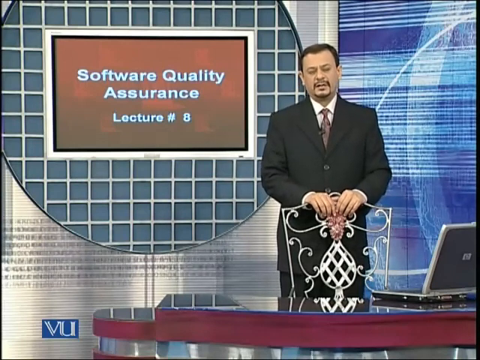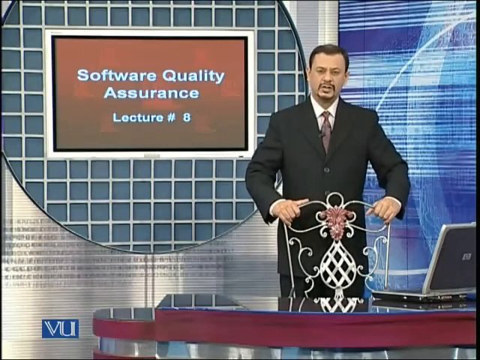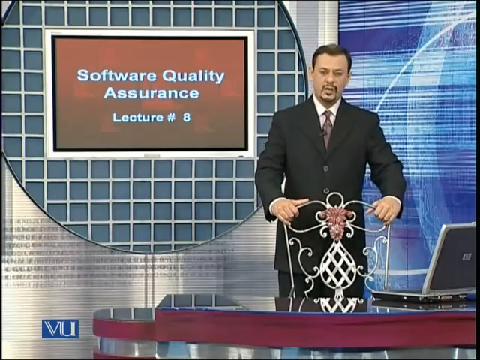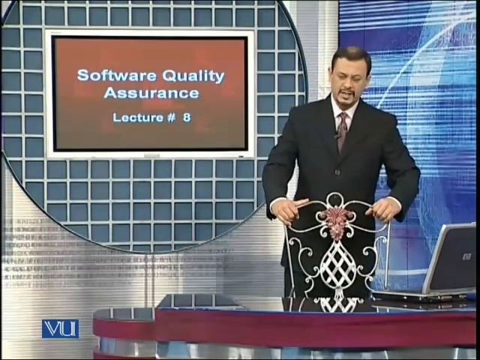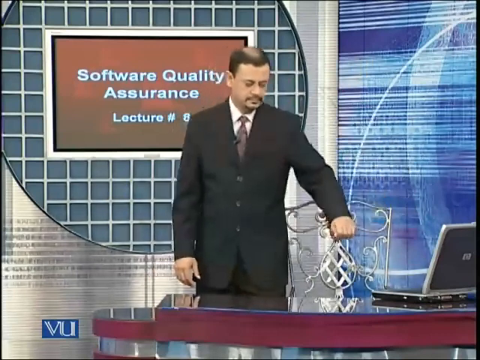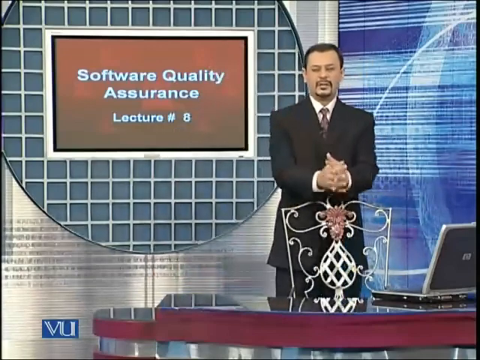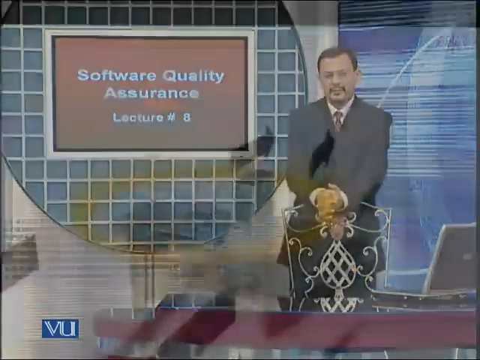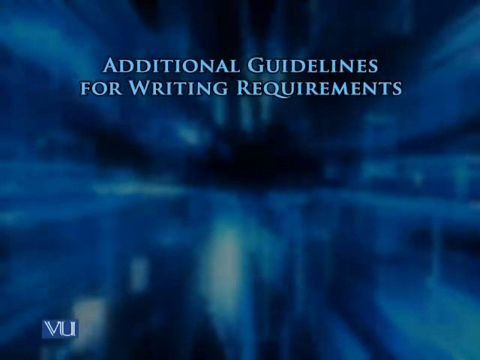And we discussed these things when we talked about non-functional requirements in the last lecture. There are a few more guidelines which are corollaries to these discussions that we have had on guidelines for writing requirements.